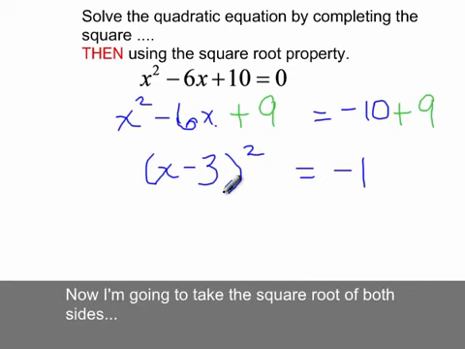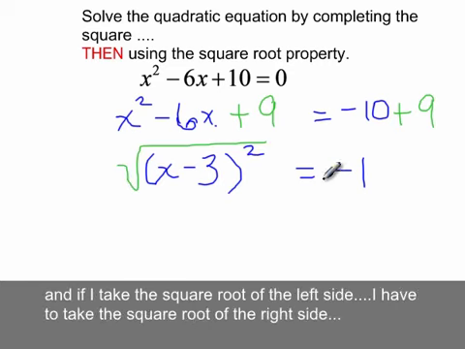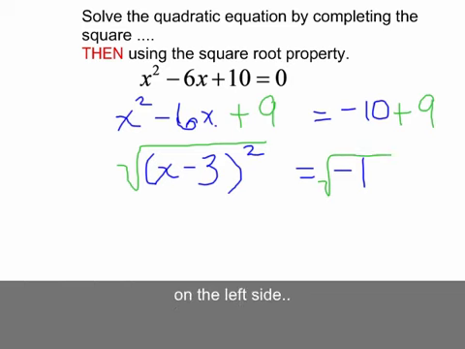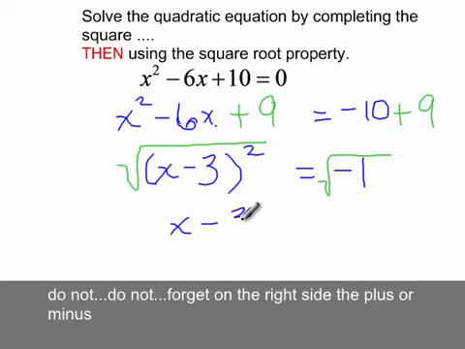Now I'm going to take the square root of both sides. If I take the square root of the left side, I have to take the square root of the right side. On the left side, that's going to be just x minus 3. Do not forget on the right side the plus or minus.